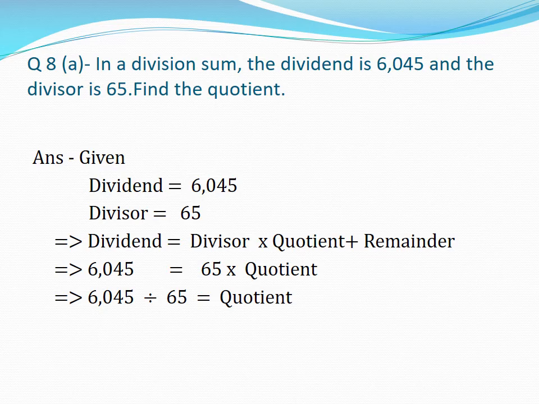Write down the value. In place of dividend, you write the value of dividend: 6045 is equal to 65 multiplied by quotient. If you have to find out the value of quotient, you have to divide the given number, because division is the reciprocal of multiplication. Here you can divide and find out the answer.